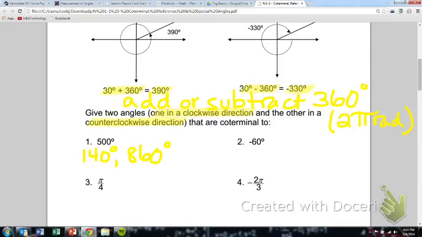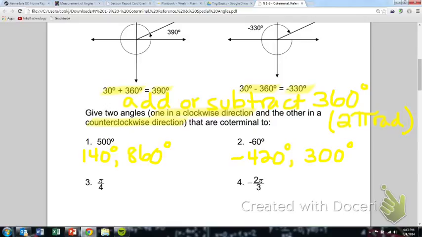So these angles are coterminal to 500. That means they have the same starting and ending sides. They just rotate a different way to get there. Negative 60, if I subtract 360, I get negative 420. And if I add 360, I get 300. So those are coterminal to negative 60.